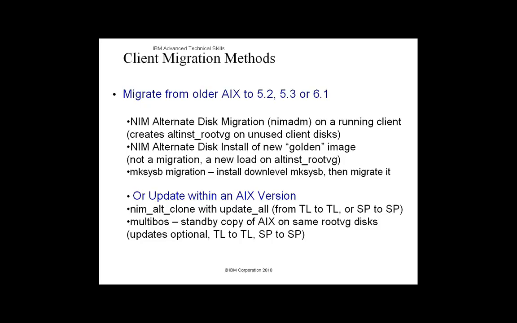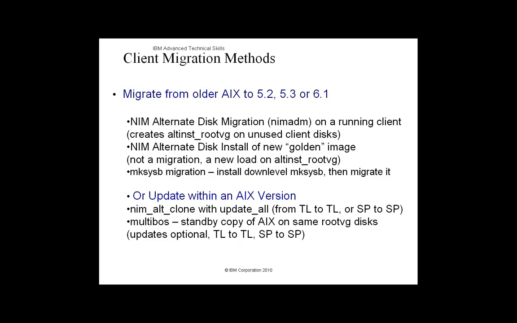In the reverse of a typical update, the client will make NFS exports, and the NIM master makes NFS mounts of those alt_inst_rootvg file systems, and then the master migrates them. This all happens while the client is running on its root VG.